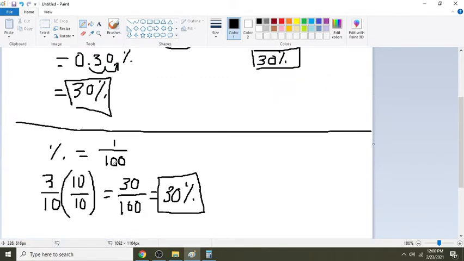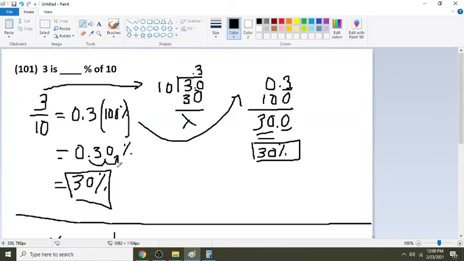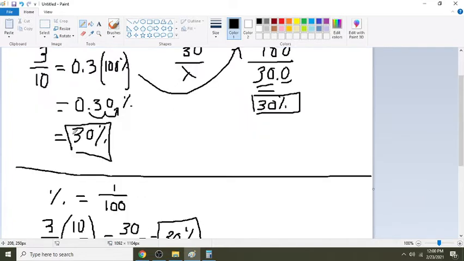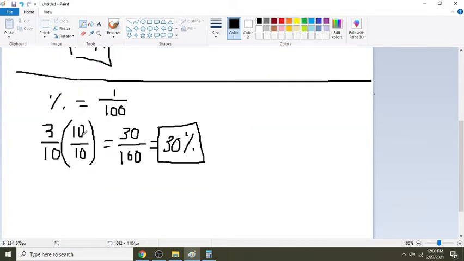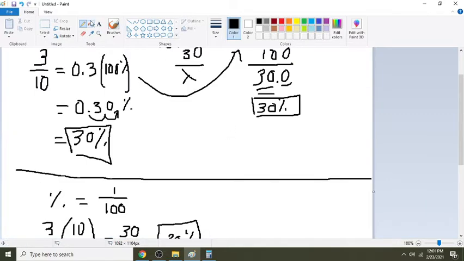One more thing. You can easily solve this and understand this as 30% if you have knowledge about the tenths. So let me give you a review of the tenths.